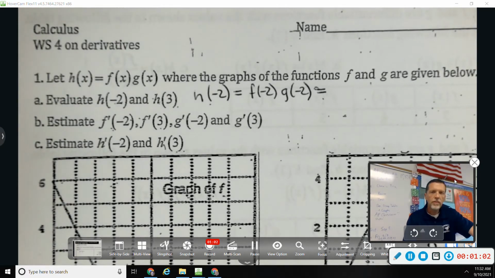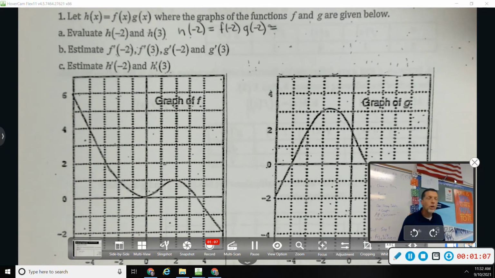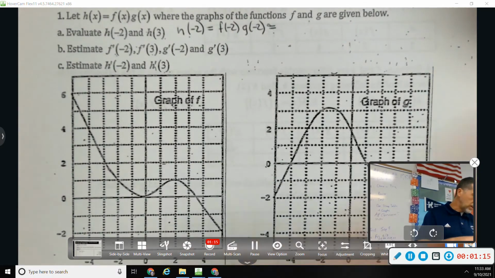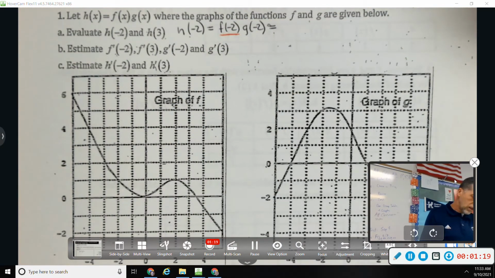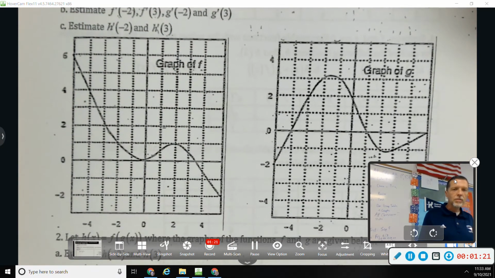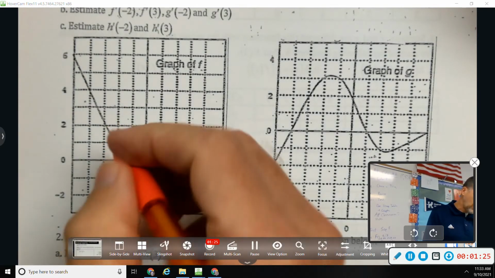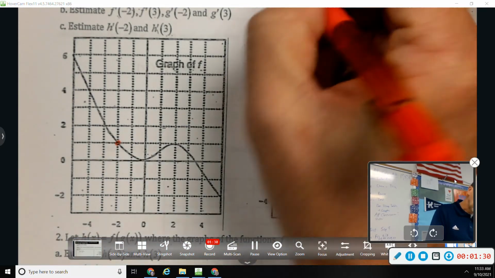Alright, so f of negative 2. Now I don't have an equation for f where I could plug in negative 2, but I do have a picture of f. So based on my picture, what is f of negative 2? Can you tell by looking at the picture? 1. F of negative 2 is 1.